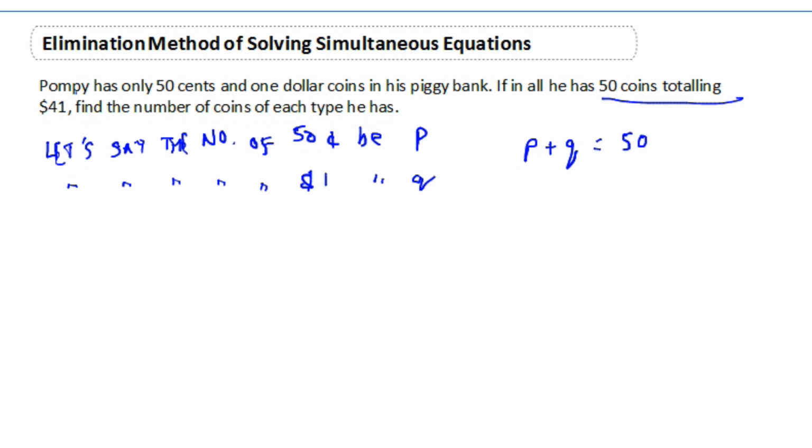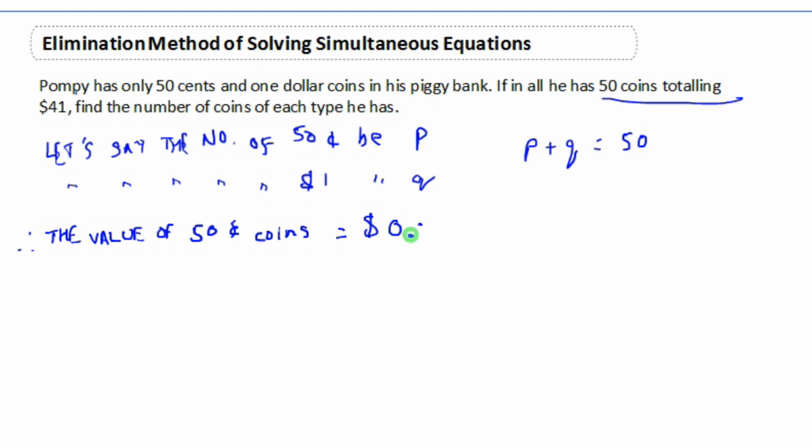And then it also says that they total up to $41, so we'll have to find the value. Therefore the value of 50-cent coins is equal to, so if there are p coins and each coin is worth 50 cents, if I want to do that in dollars, then 50 cents is equal to $0.5.